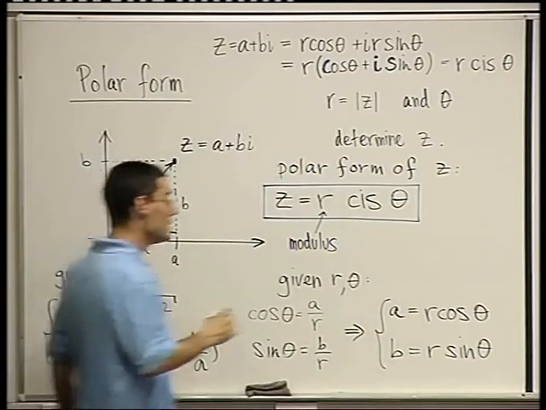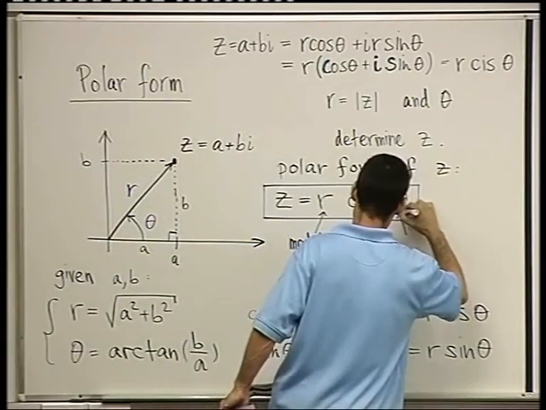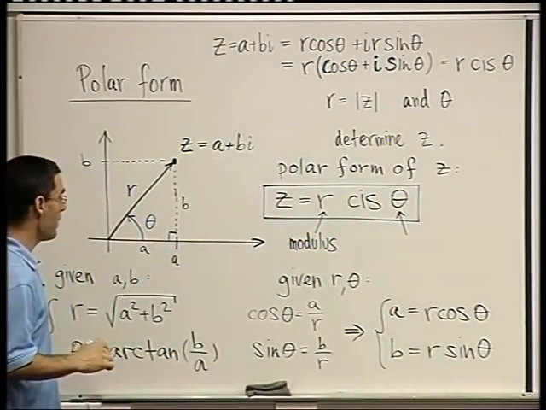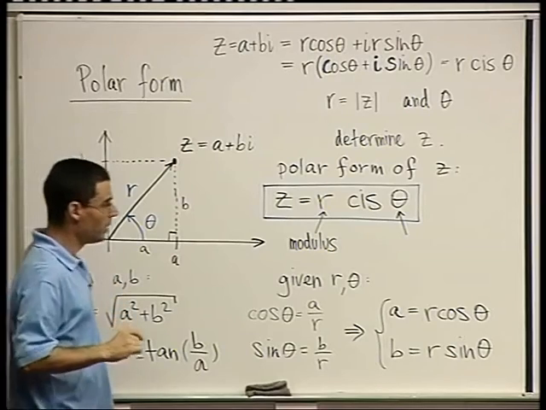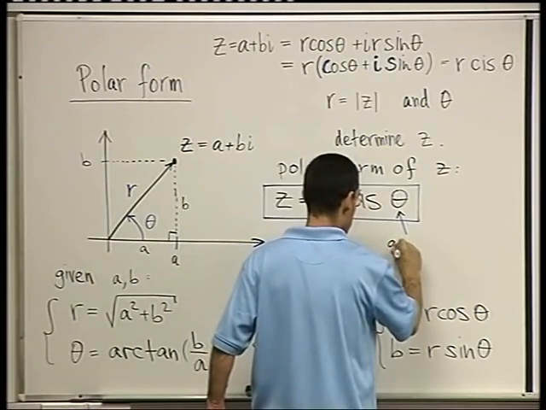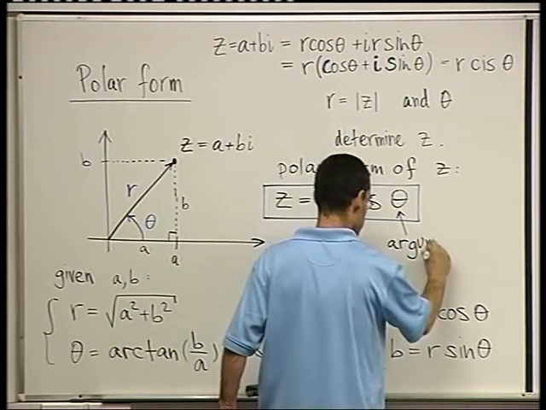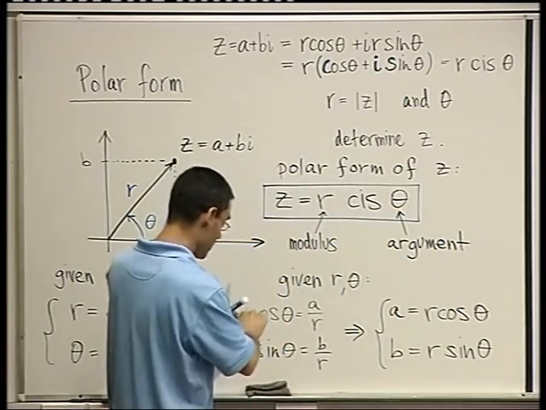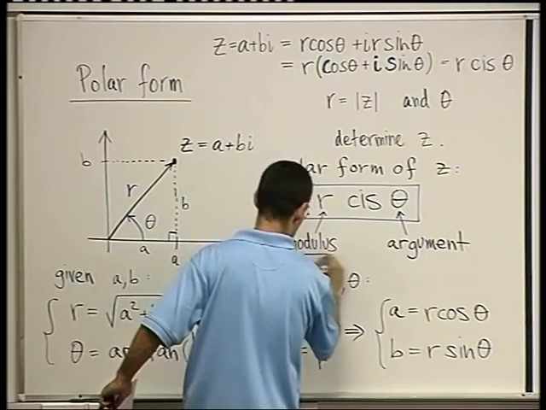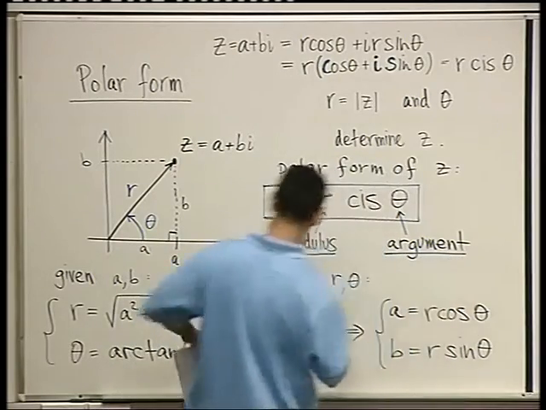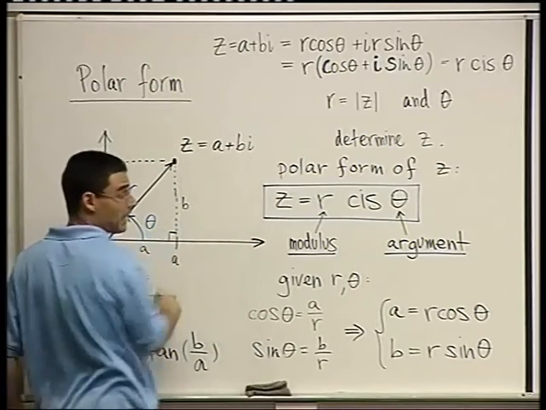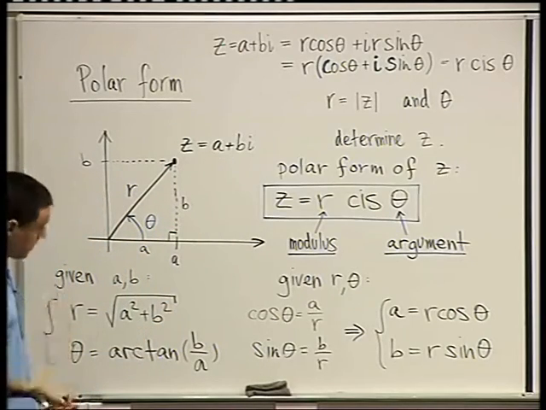And theta is sometimes called the angle, that's also okay and clear what you mean, but its more formal professional name is the argument of z. So R is the modulus and theta is the argument. That's just terminology. Remember that a and b also had names. They were the real part and the imaginary part.